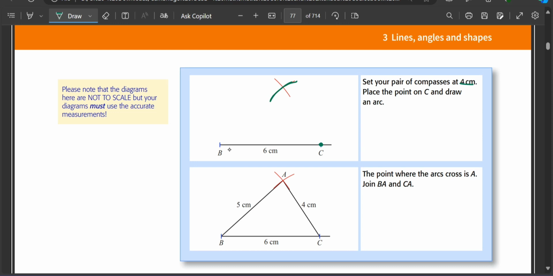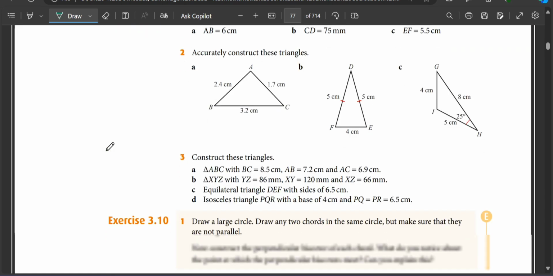Where both arcs meet, we can connect that point to both ends, and we will get 5 and 4 centimeters. These diagrams are not to scale, and you need to make accurate measurements on your own.